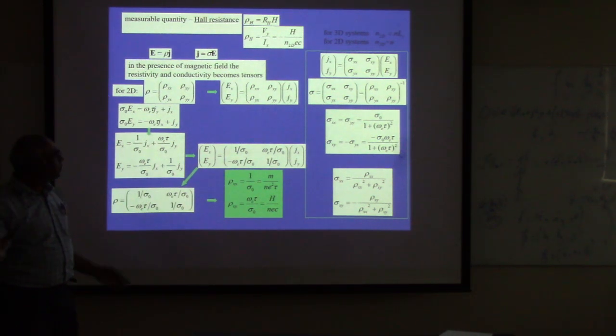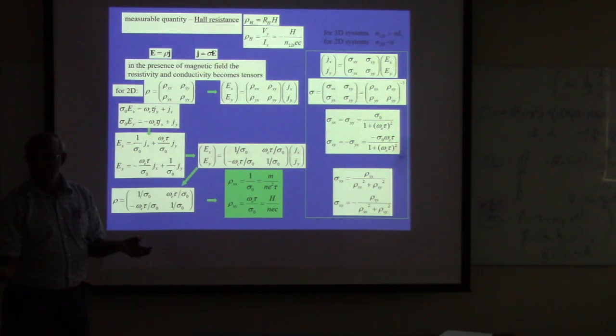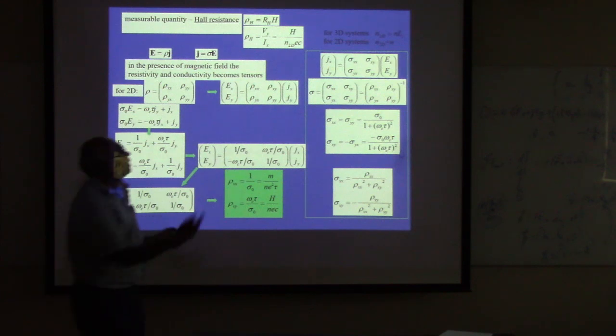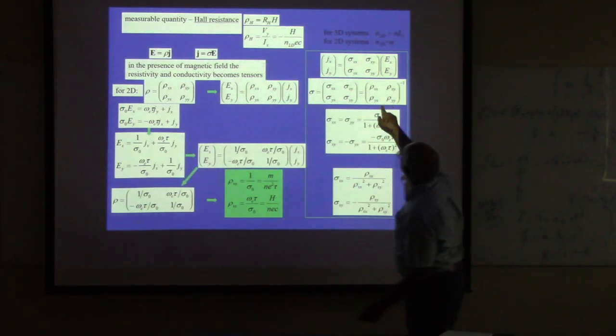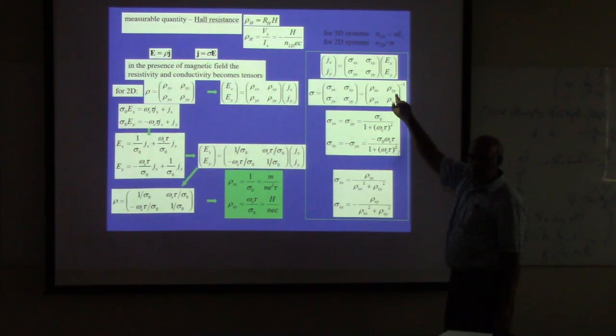Now somebody might think if my rho xx is 0, sigma xx should be infinite, right? That's what you naturally think. But we know that's not the case, because sigma is really the inverse of the rho tensor.